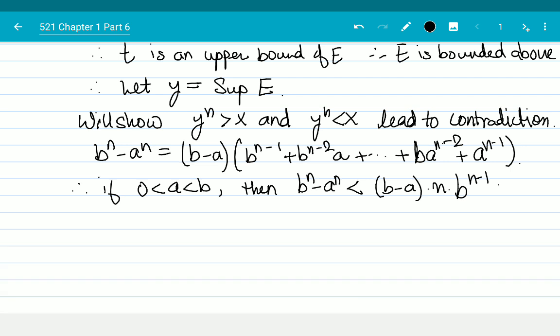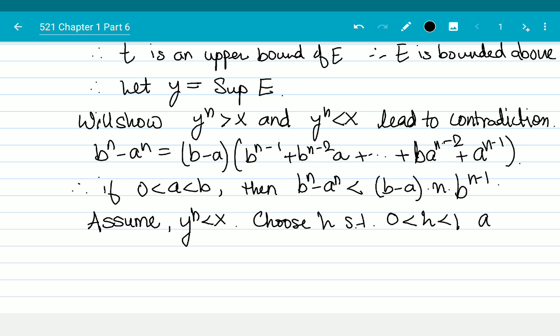Well, so assume Y to the N is smaller than X. Then choose H such that 0 is smaller than H smaller than 1 and H is strictly smaller than X minus Y to the N all over N times Y plus 1 to the N minus 1.